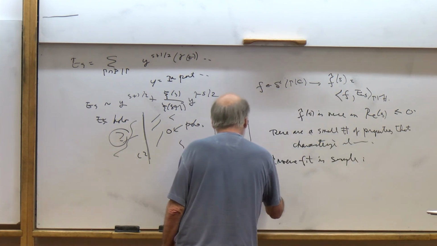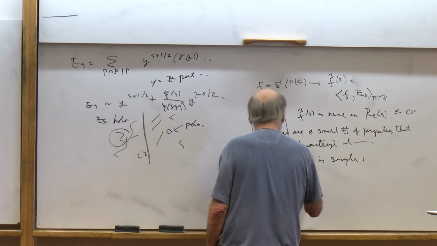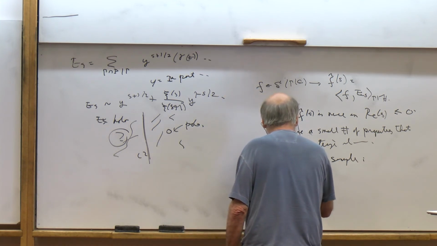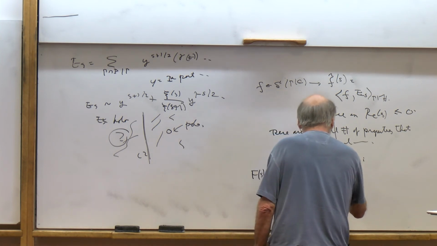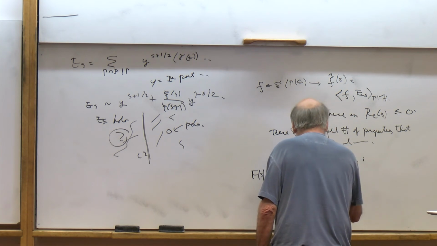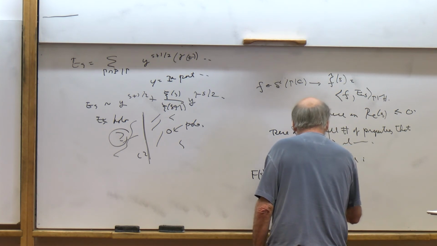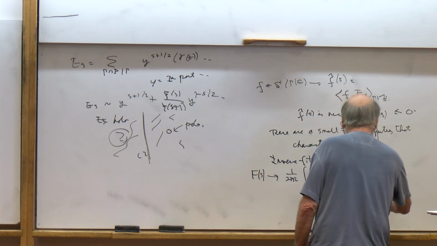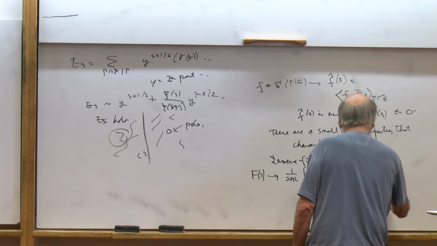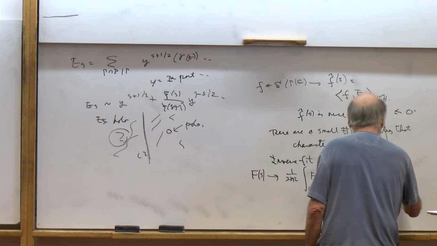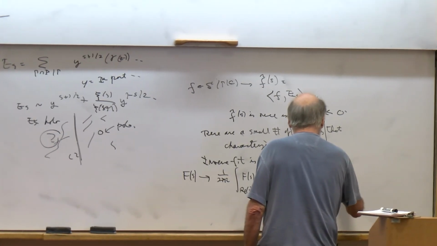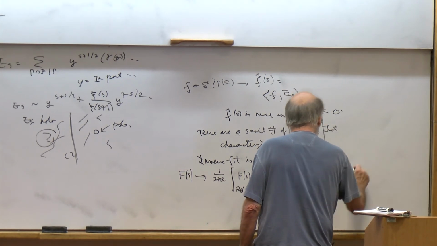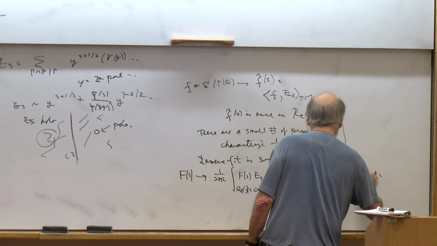If I have a function f of s, it goes to the integral 1 over 2 pi i times f of s times E of s ds, over the real part of s equals 0, plus, actually minus, the residue of f of s at s equals minus 1 times constants.